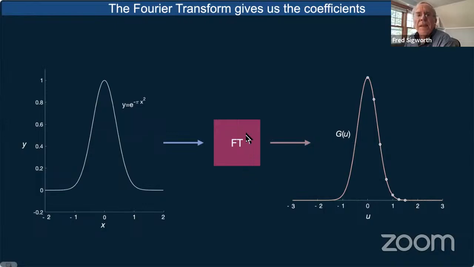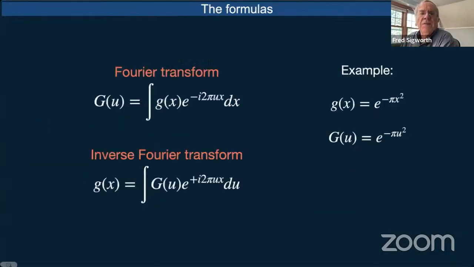So the Fourier transform just tells us the sizes of the coefficients, but because I can reproduce any kind of reasonable function by summing together cosine and sine functions, if I have the coefficients, that contains exactly the same information as the original function. So that's the cool thing about the Fourier transform. It just tells us coefficients, but it contains all the information.